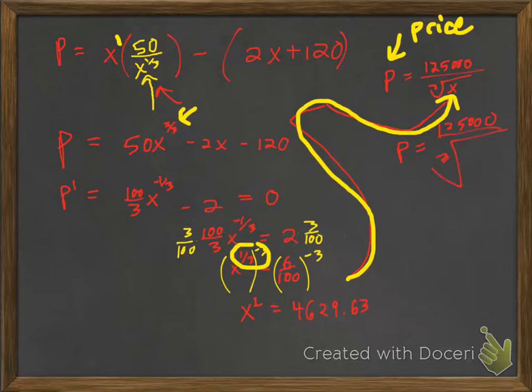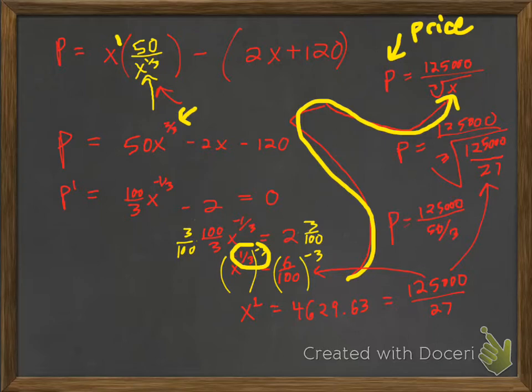So I could put in 4629.63 and everything would be just hunky-dory. Or I could use the 125,000 over 27 that 6 over 100 to the negative third actually is. You can also do that longhand and it would work out nicely. It's just easier to use that number because if I do, when I take the cube root of it, I get 50 over 3.